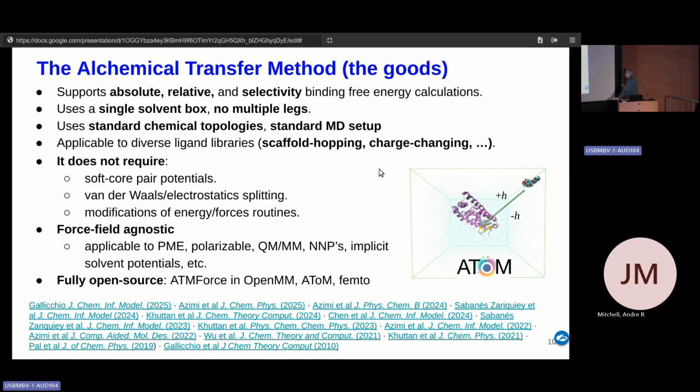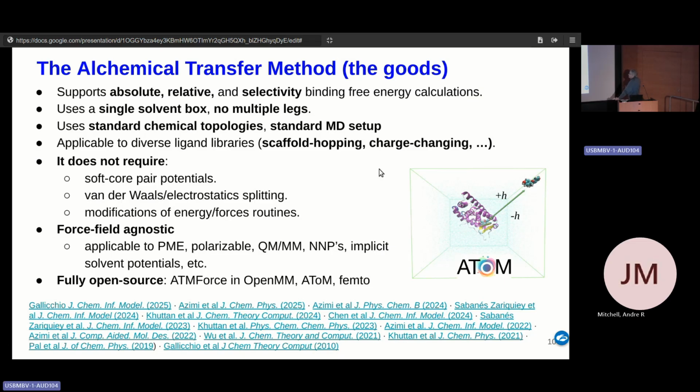And we also study selectivity by moving a ligand from one receptor to another. I hope to have time to talk about that. Everything happens in one solvent box. You don't have to do multiple simulations. It's just one calculation, like MD. Of course, it's multiple MDs because there is a molecular dynamics thread for each lambda state, but it's parallel MD.